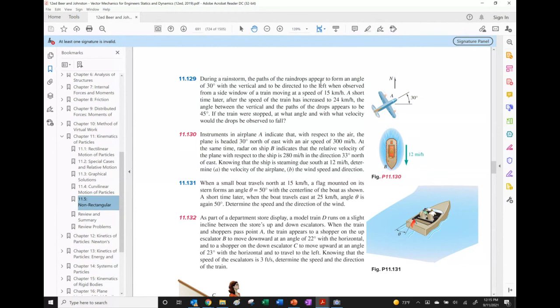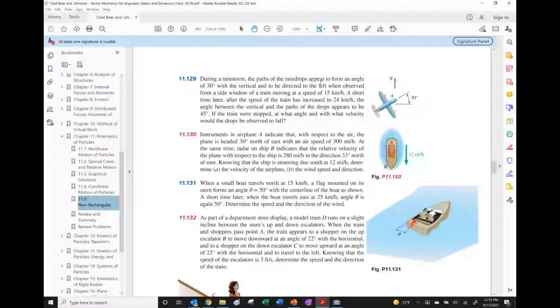So this is a relative motion problem, right? That's one thing that we know. I'm trying to think, is there any acceleration as part of this? I don't think so, but it was weird how they gave us two different angles at two different speeds.